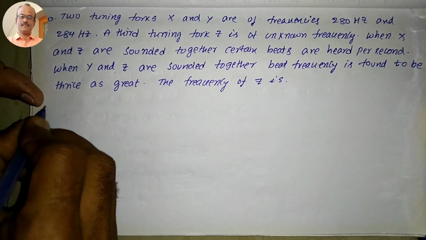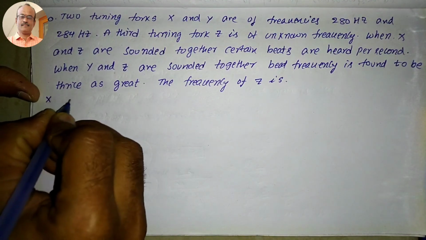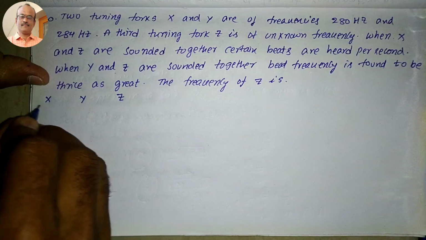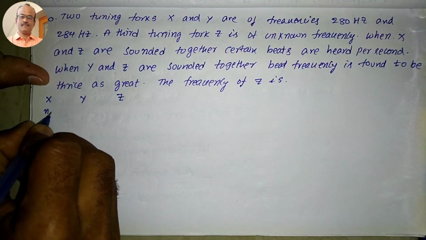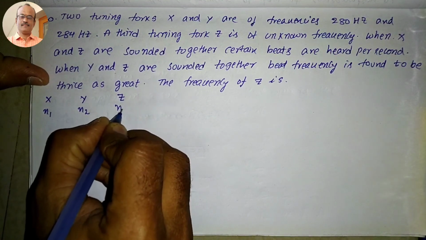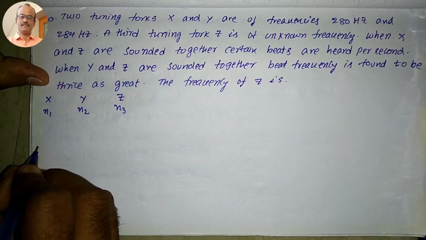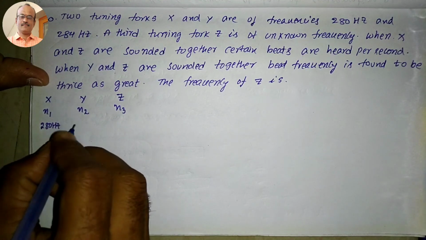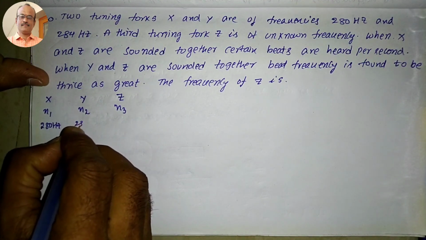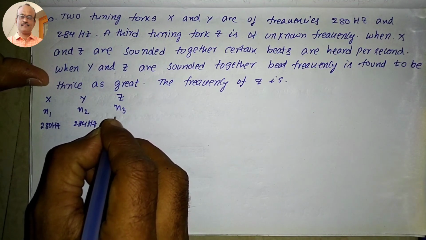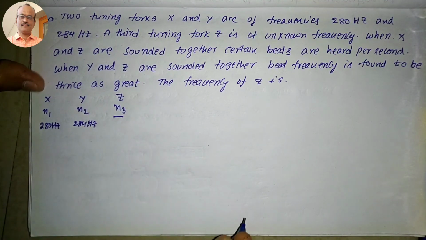So let us consider tuning fork X, tuning fork Y, and tuning fork Z. This is having the frequency N1, this is having the frequency N2, and this is having the frequency N3. So N1 frequency is nothing but 280 Hz, N2 frequency is nothing but 284 Hz, and N3 is the unknown frequency. That's why that is N3 I will leave.